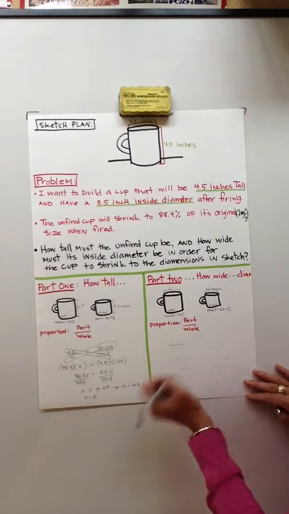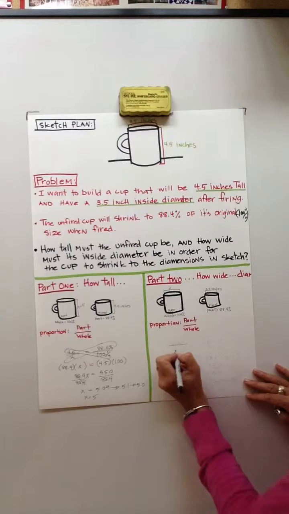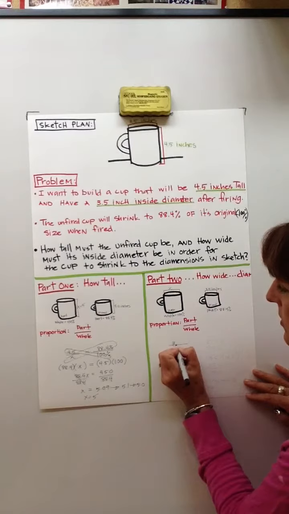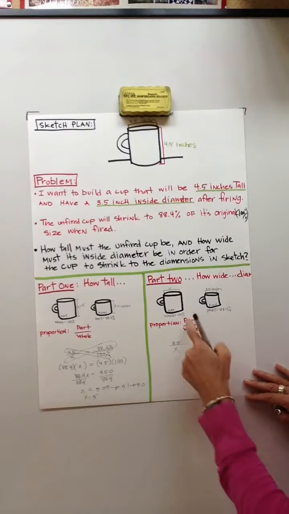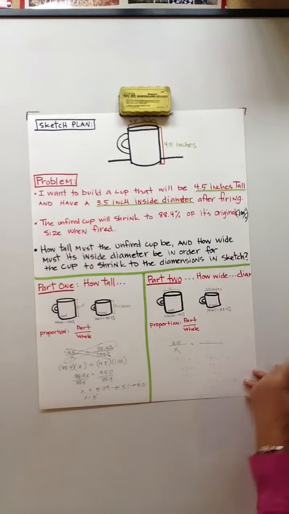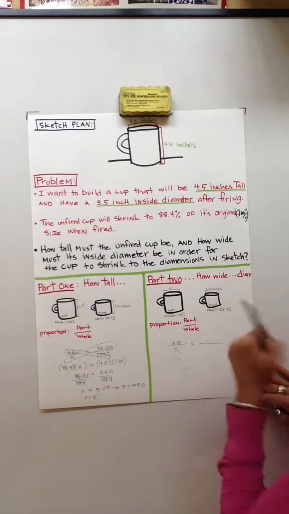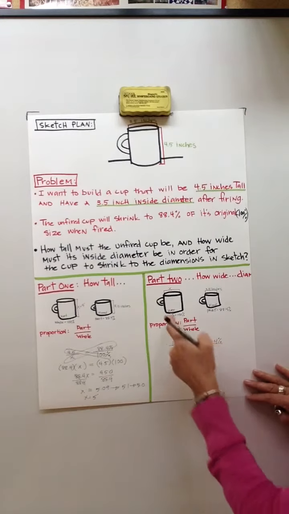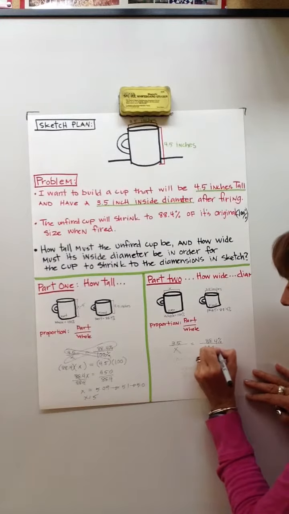But x has to go on the bottom because it represents the whole. 3.5 inches goes above the x because it's considered the part. We do know that in percentage, the part equals 88.4% and the whole equals 100%.